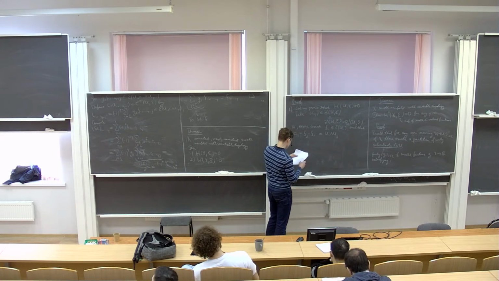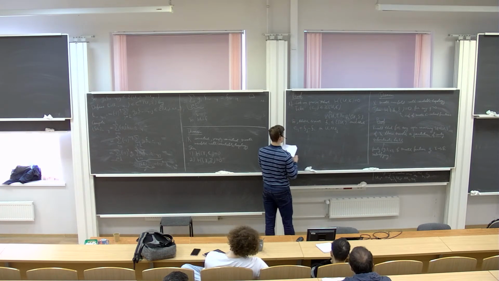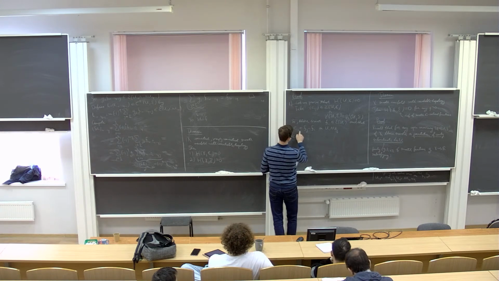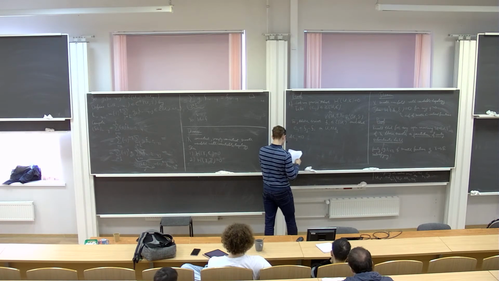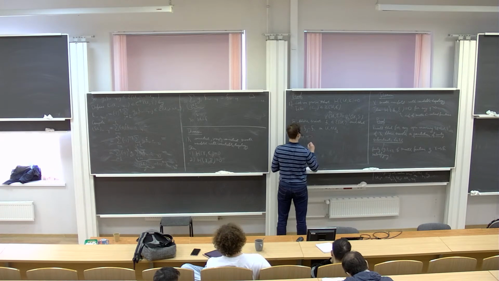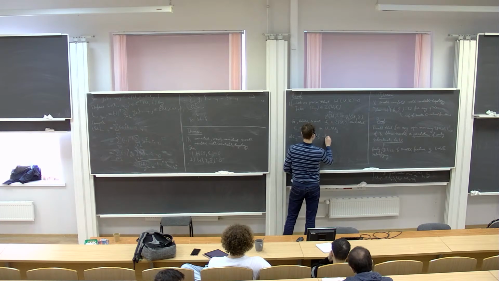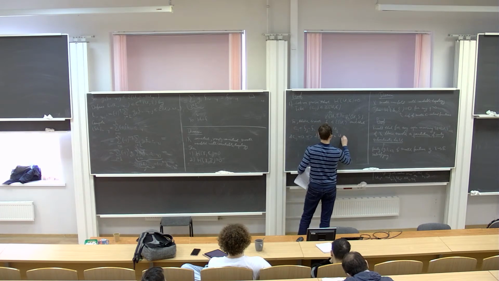Then what do we do? Then we take the differential. The c_ij are locally constant functions, so d c_ij is equal to 0. So it implies that d f_i is equal to d f_j on U_i.